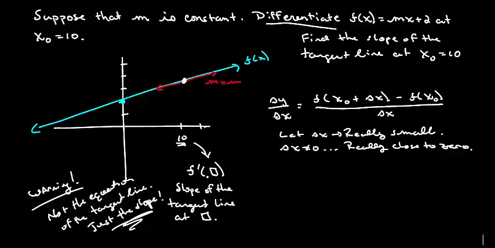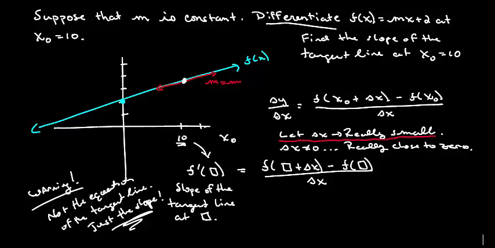Now, our definition here is f prime is equal to f at something plus delta x minus f at that same something over delta x, as we let, I'll underline this, as we let delta x become really small. So whatever I plug in here, your text uses x naught.